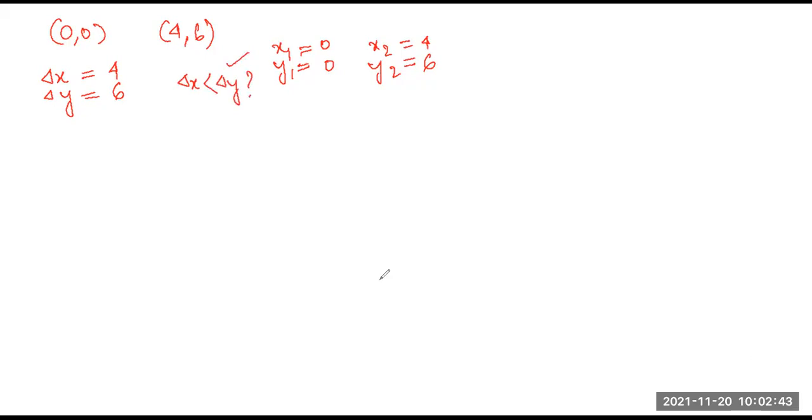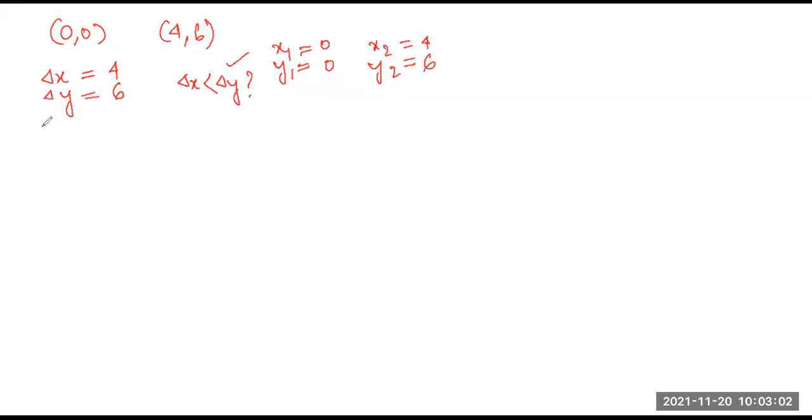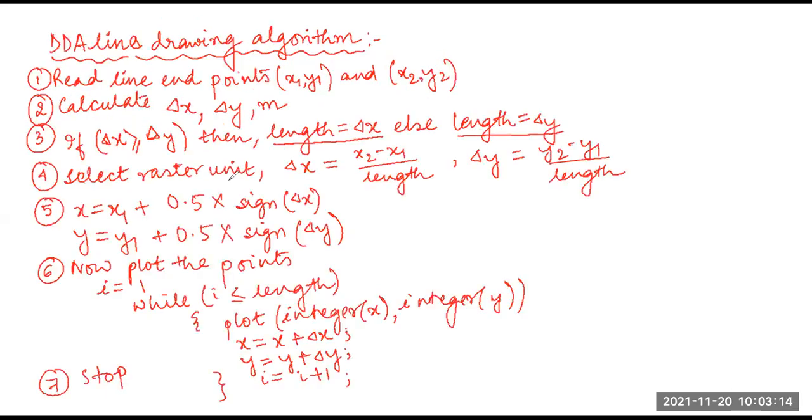So if my del x is lesser than my del y, then which is the length which I will take, this or this? Del y. Right. So my length variable will have the value of del y. So what will be the value of my length variable then? 6. So up to this portion of my code, everyone is following.